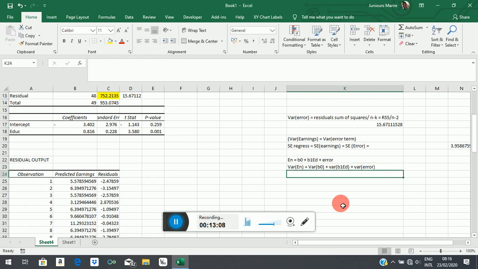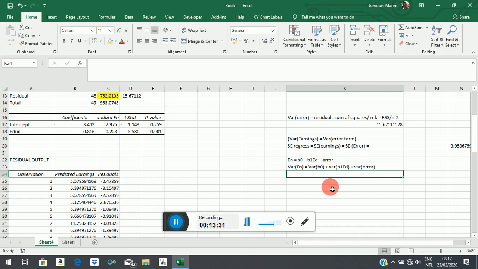The variance of a constant is 0, so this is 0 because B0 is a constant. Because in repeated sampling the values of ED are fixed, this entire component is also a constant, so its variance is 0.